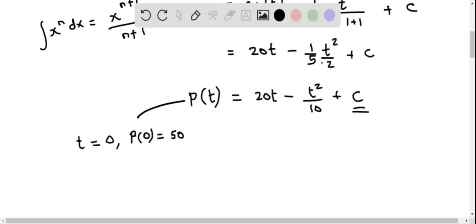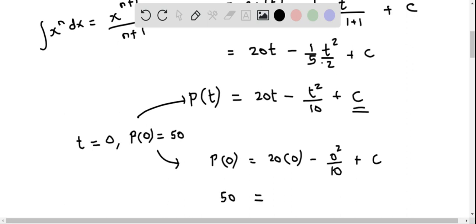So first let me plug in t equal to 0 into this function. When I do that, I get p of 0 equals 20 times 0 minus 0 squared over 10 plus c. And p of 0 we can also replace, which is equal to 50. So therefore this becomes 50 equals 20 times 0 is 0, and this is also 0. So we get the value of c equals 50.